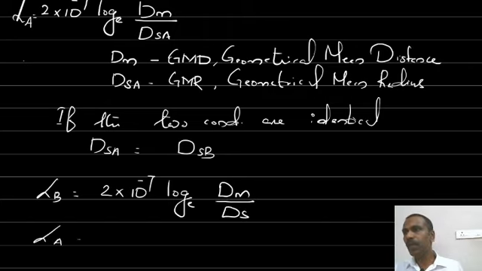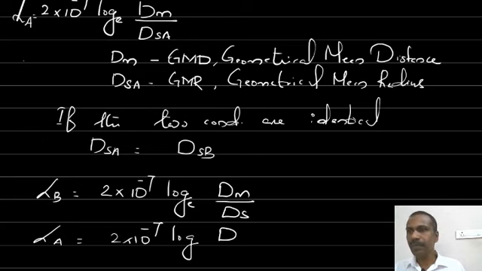So LA is equal to 2 into 10 raised to minus 7 into logarithm to the base e of Dm divided by Ds. As you know, its unit is Henry per meter. Usually the unit of inductance is Henry, but here we considered the conductor of length 1 meter. So its unit will be Henry per meter.